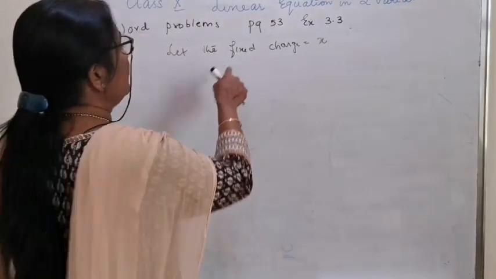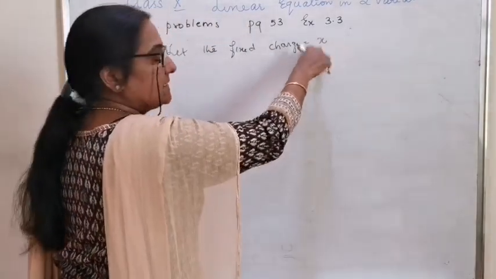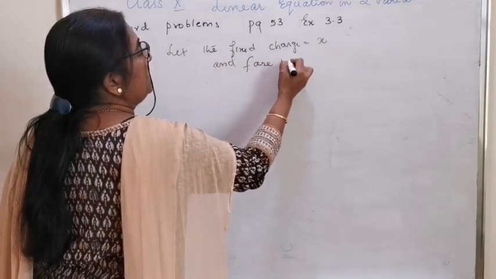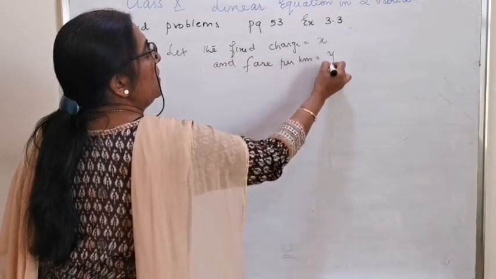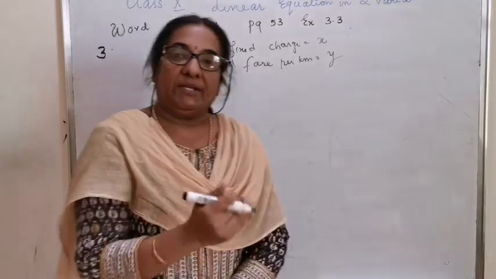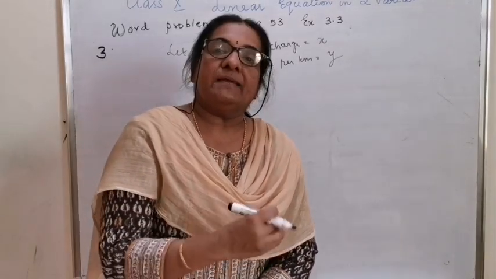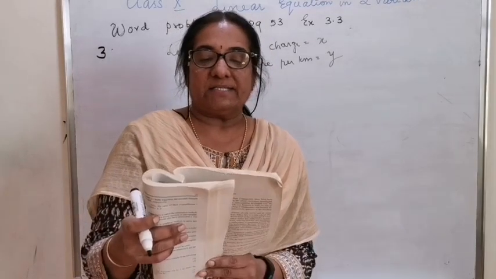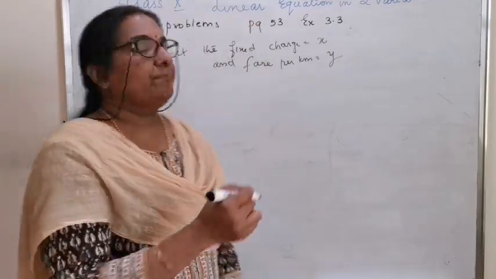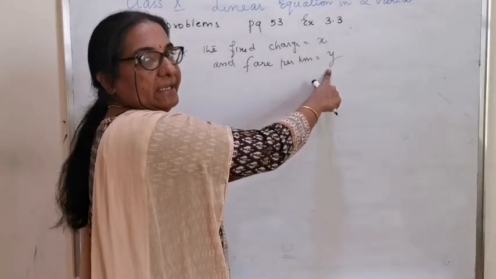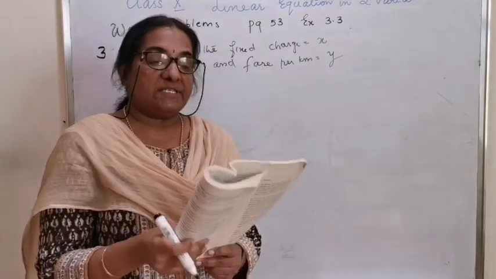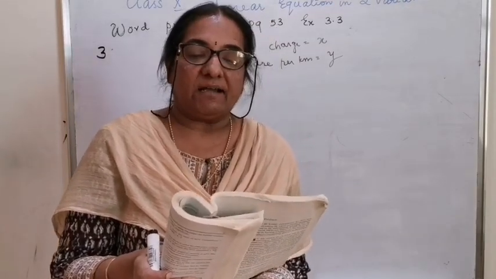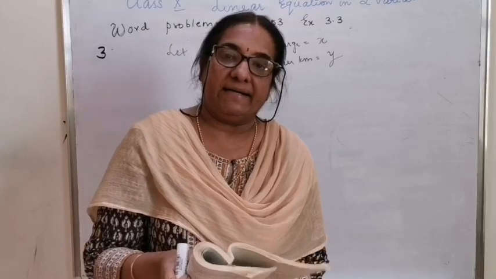So we have already assumed, let the fixed charge be x and fare per kilometer be y. That means when you hire the taxi, that x rupee is a fixed charge, and for traveling a distance of 10 kilometer, you have to pay 10y. Therefore, what is the first equation? For a distance of 10 kilometer, the charge paid is rupees 105.